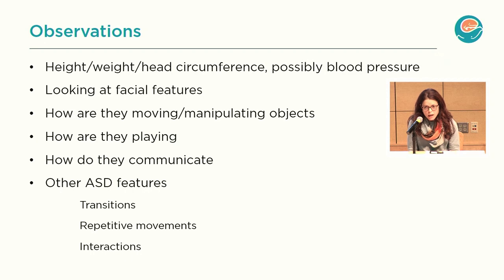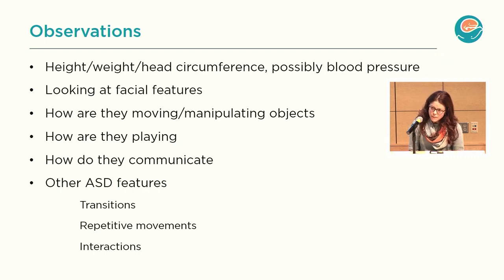We do look at the overall child to see what are their facial features like. Is there anything that stands out to us in that regard? And then other autism-specific characteristics. Do they have any repetitive movement, like hand flapping or toe walking? Or how do they transition?